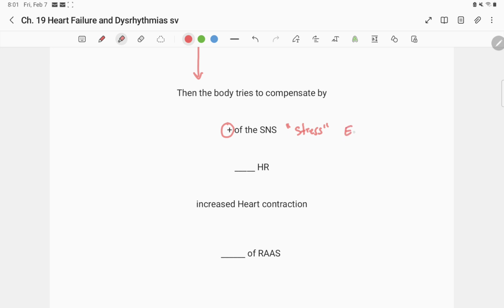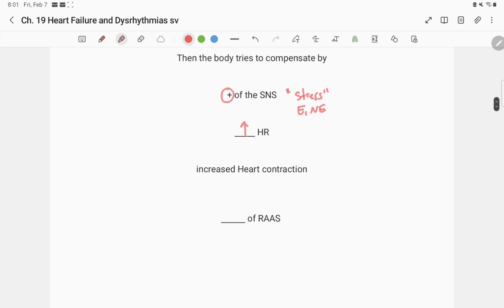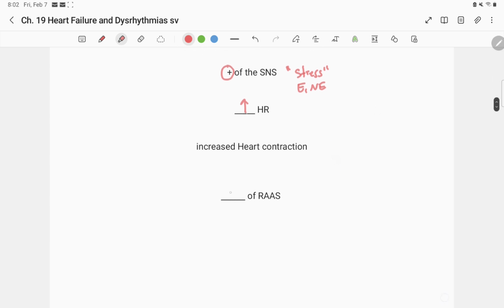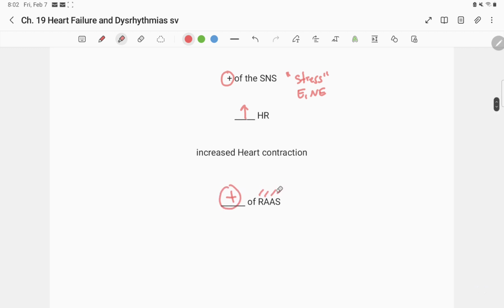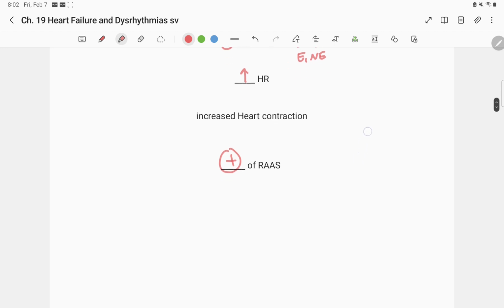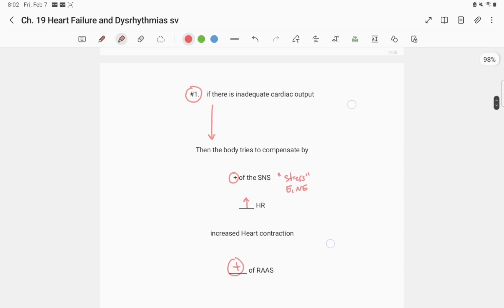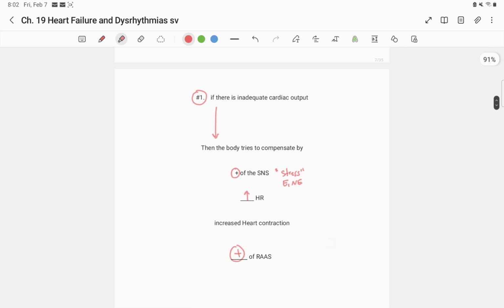So think epinephrine, norepinephrine. So you're going to get increased heart rate, increased heart contraction, and activation of the renin, angiotensin, aldosterone mechanism.